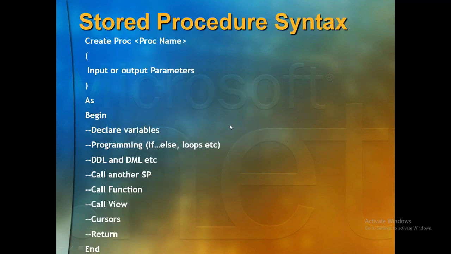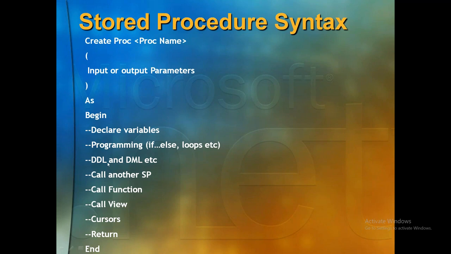Now, how to create a stored proc, the syntax we have seen already: CREATE PROC, proc name, input parameters, and output parameters can be given. Parameters are used to supply data to the stored procedure as input, and output parameters get data from the stored procedure. AS BEGIN, you can have SQL and T-SQL programming here.